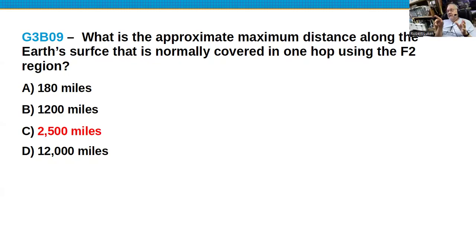So a second hop would get me 5,000, a third 7,500, and a fourth 10,000. So it would take 4 hops minimum to get to Australia.